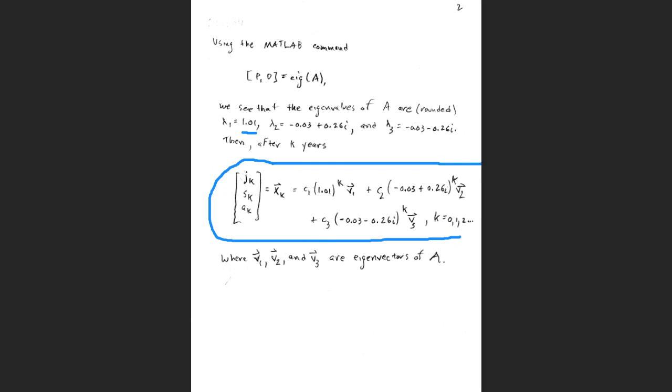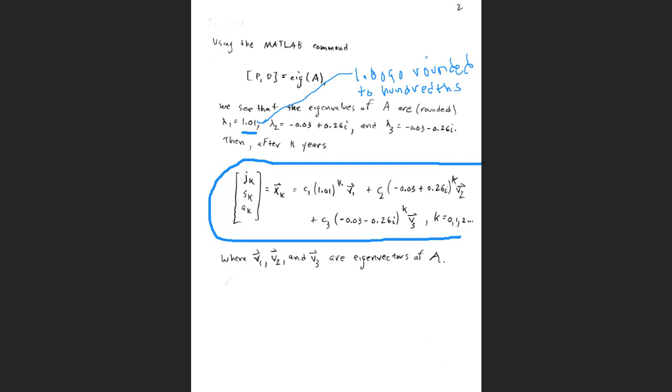So 1.01 is just 1.0090 rounded to the hundredths. The orders don't matter. They do not matter, Mikhail.